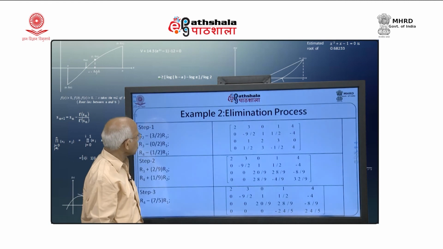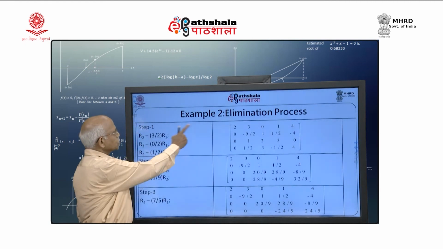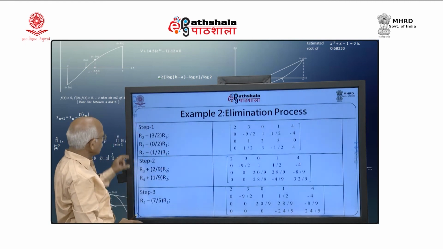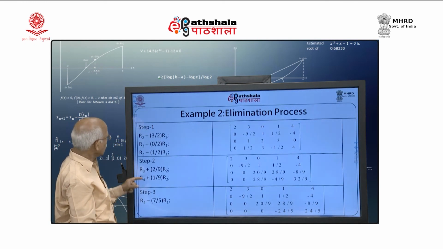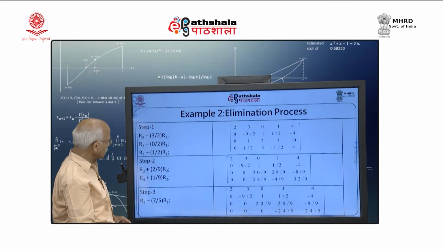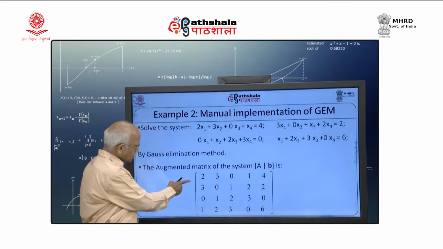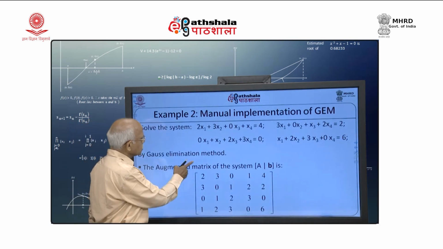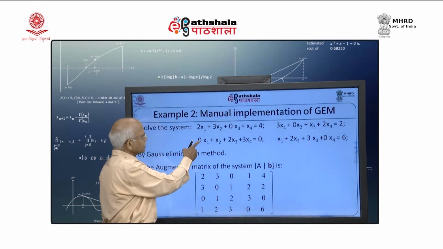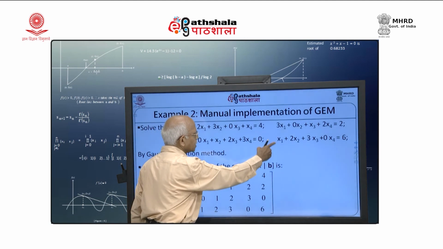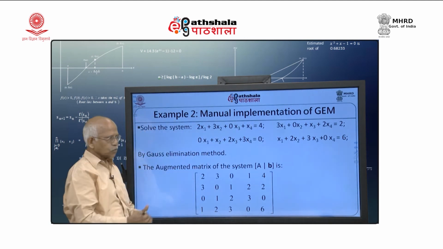Now, if I write this augmented matrix here, in step 1 I want to eliminate x_1 from all these equations. Eliminating x_1 from all these equations reduces to converting the coefficients of x_1 in the remaining equations to 0.